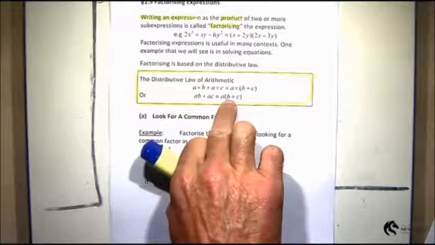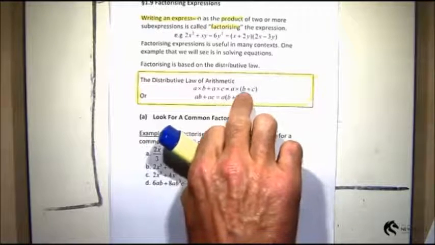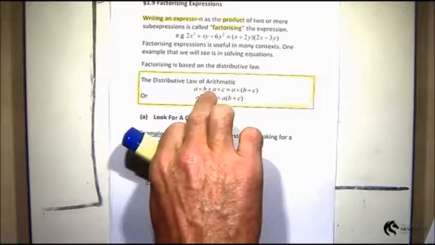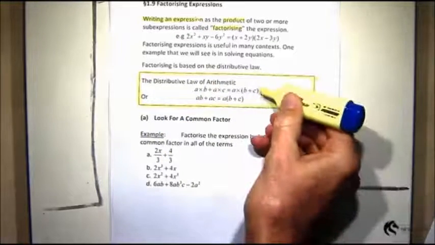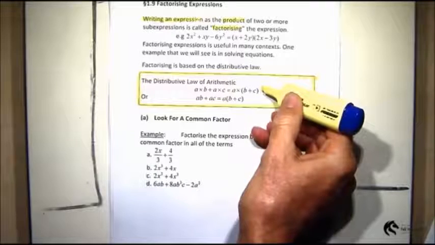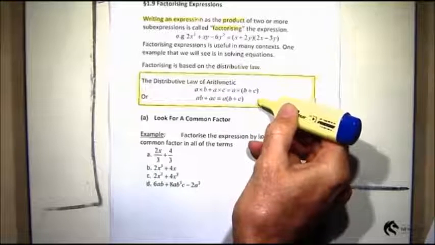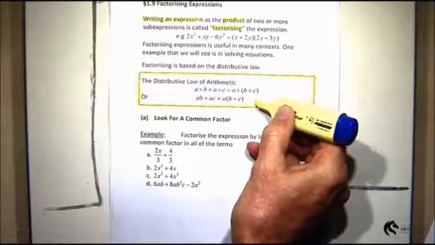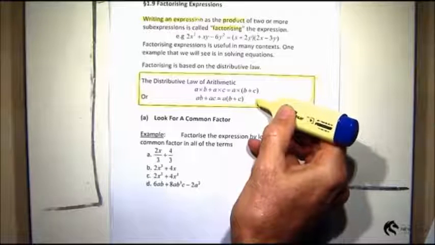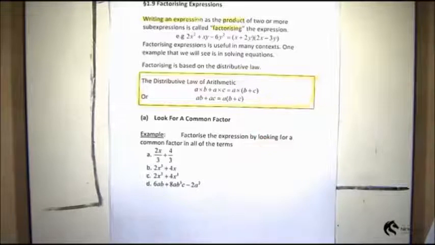Remember on Tuesday, every time we expanded brackets, we were using the distributive law. So expanding is using the distributive law one way, and factorising is using it back the other way. Expanding and factorising are inverse operations; one undoes the other.